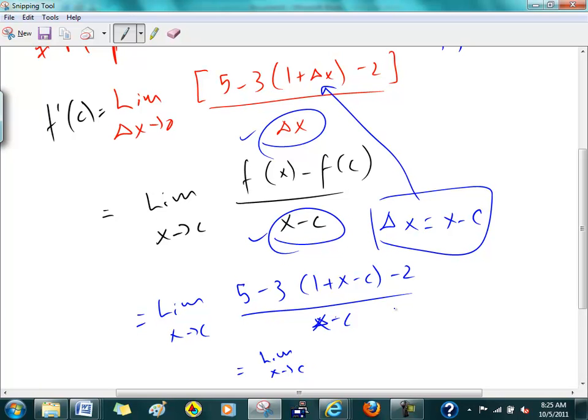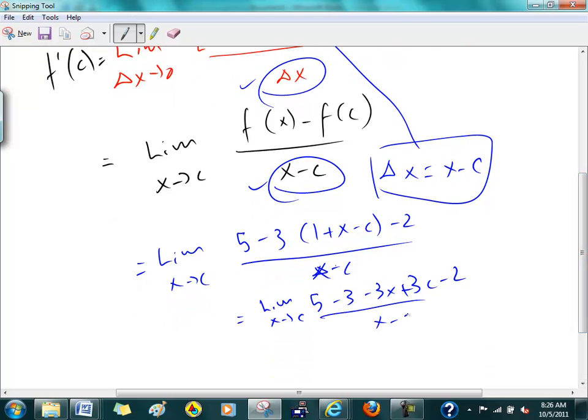Okay, so if I look at this guy here, then I get 5 minus 3 minus 3 into x minus c. Actually, you know what? I'm just going to expand everything out. So you get 5 minus 3 minus 3x plus 3c minus 2, all over x minus c.